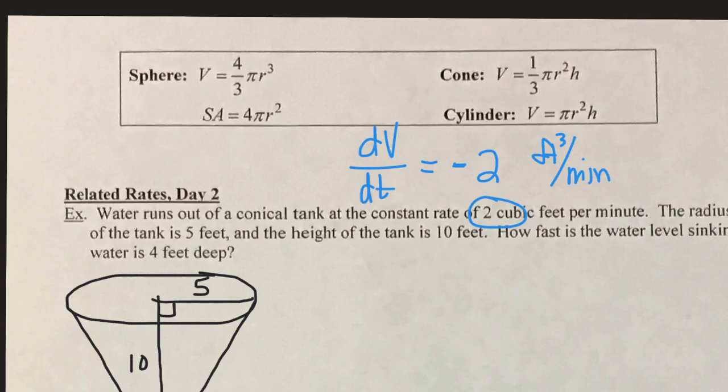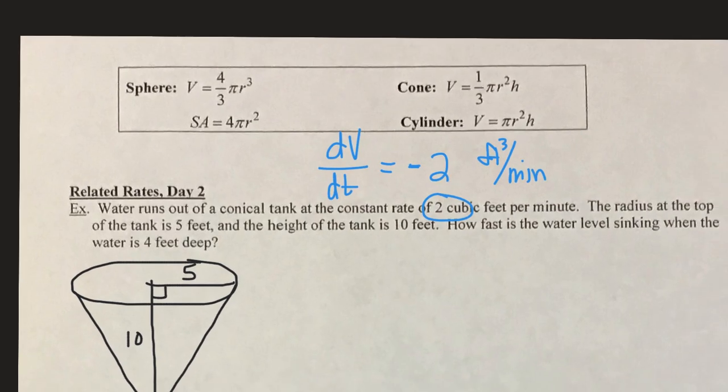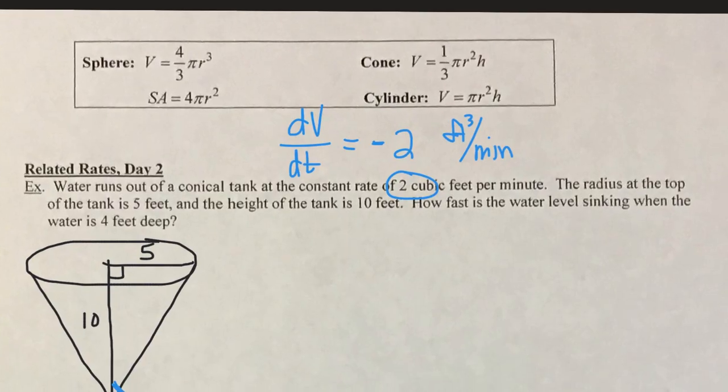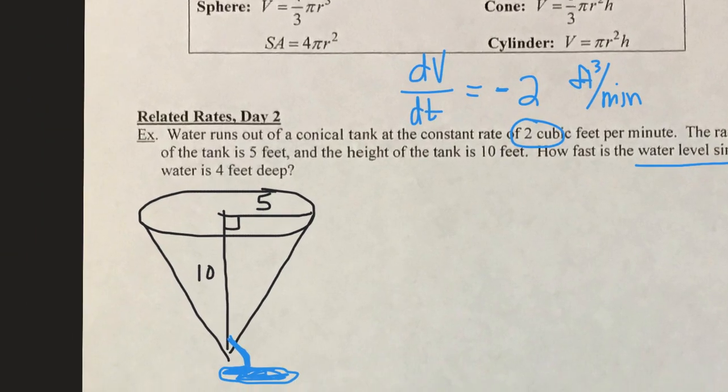Okay, so all the things should be getting smaller. The radius should be getting smaller. The height should be getting smaller, right? All of our answers should be negative when we're looking at what our answers are going to be. Okay, how fast is the water level sinking when the water is 4 feet deep?